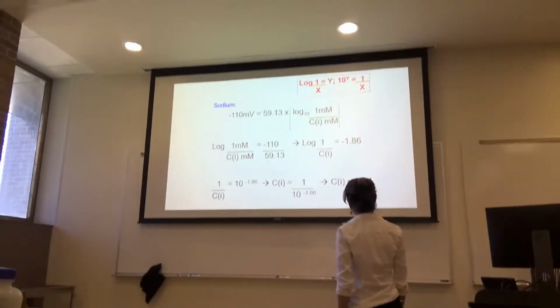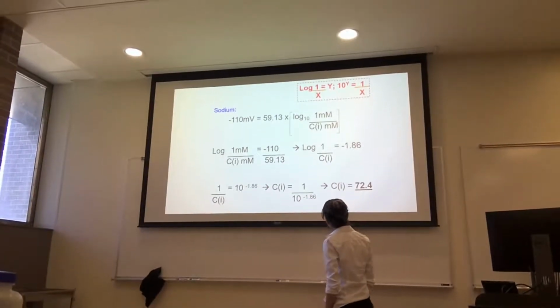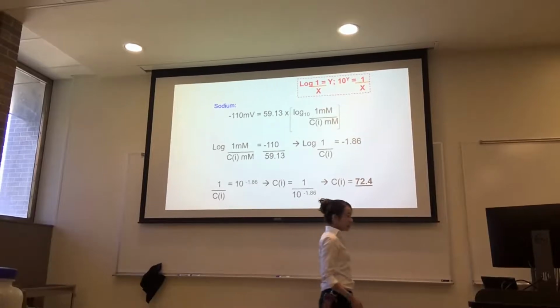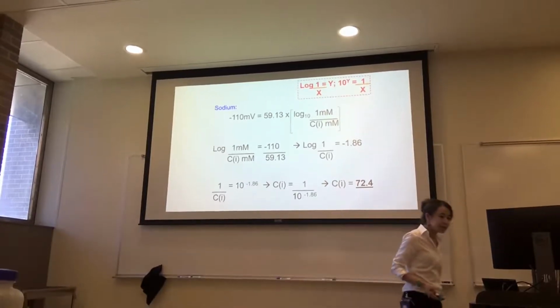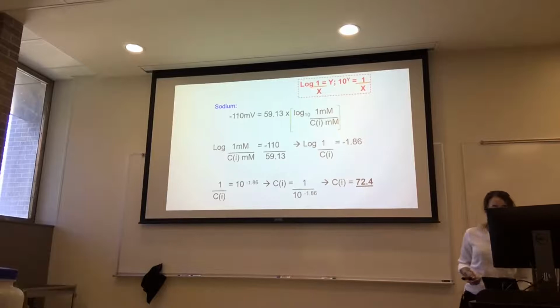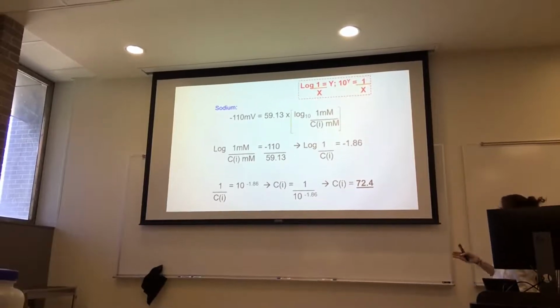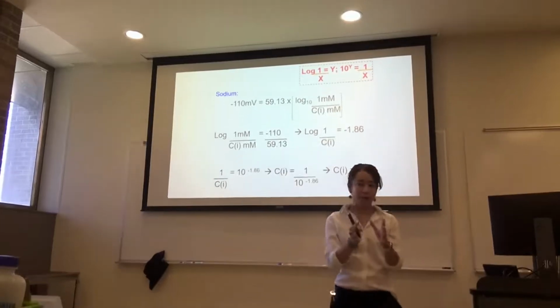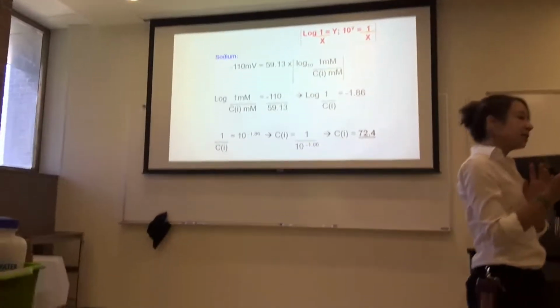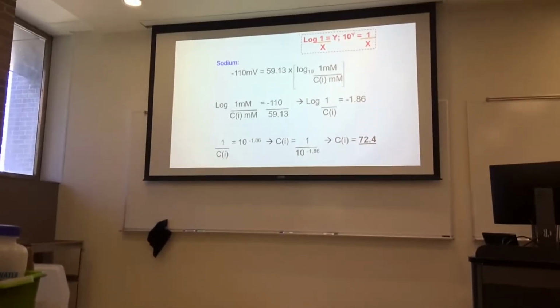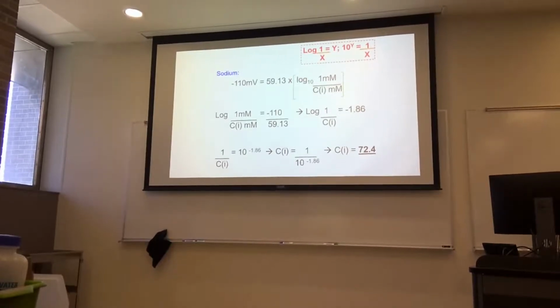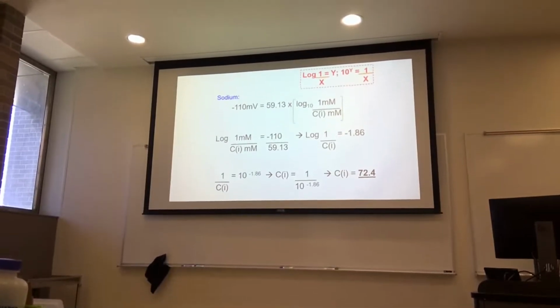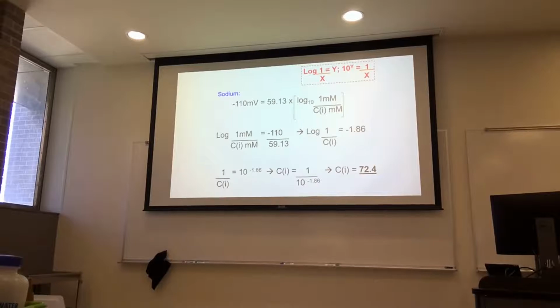Okay, so roughly what this tells us is that our table said the actual concentration we measured in this cell was: outside 1, inside 8, and the membrane potential was minus 110. And we said, okay, this is not an equilibrium.